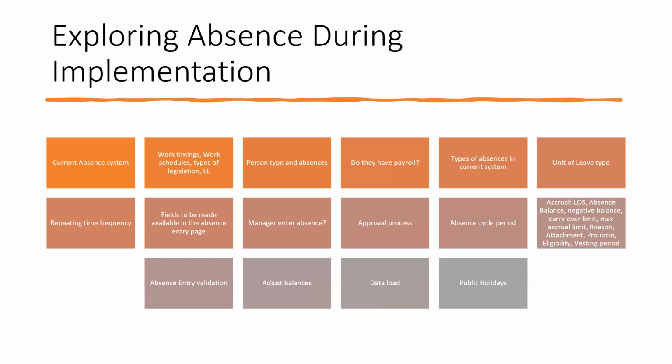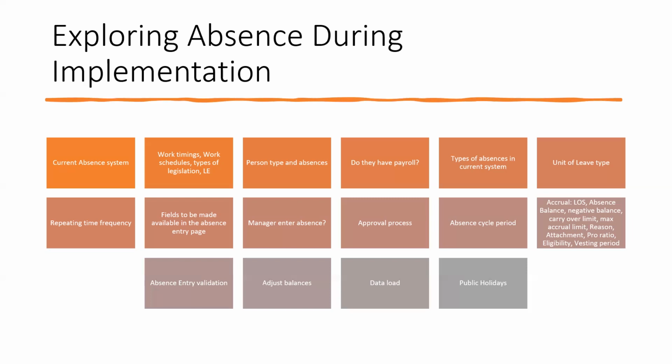We have already taken a look at the work schedule, work shifts, and work pattern, and how to create them. So these are the items which we have to check with them and ask for the list of work schedules that they have. The next thing is, for which legislations is the company present? Are they implementing this cloud for multiple legislations, or only one?